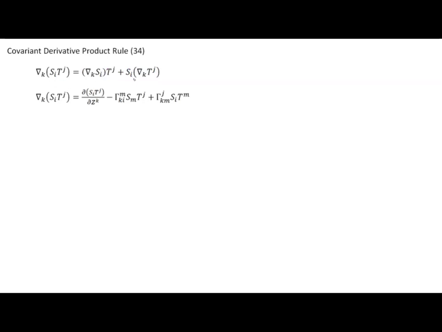We then went on to expand the expression and realized that we can represent it like this, that the covariant derivative is going to be equal, first of all, to the partial derivative of the entire expression, followed by a series of terms. And there will be one term for each of the factors in the expression. And the factors are either going to be negative or positive, depending on whether the index is in the lower position or the upper position. And that's also going to dictate whether the contraction goes from high to low or from low to high like this.